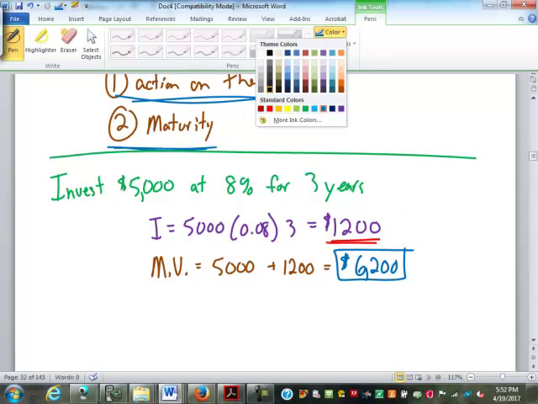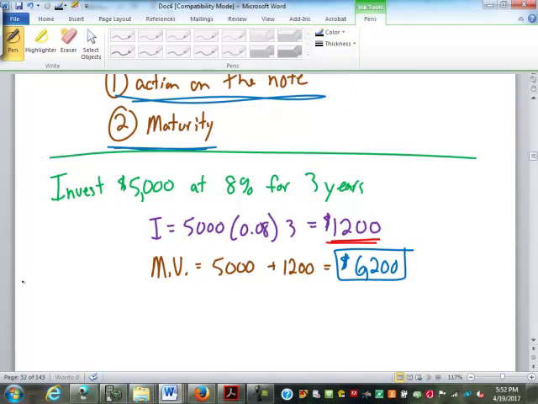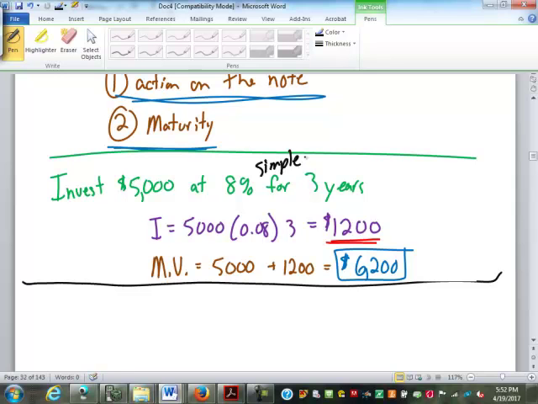Now, as we noted about 2 weeks ago, most banks will not do simple interest. This is 8% simple interest for 3 years. In fact, most banks won't do simple interest for anything longer than 6 months. We talked about car loans and home mortgages being simple interest, but that's only because they expect you to make a payment every month, so the interest is going to get added in. They don't want it sitting there for long periods of time without interest being figured out.